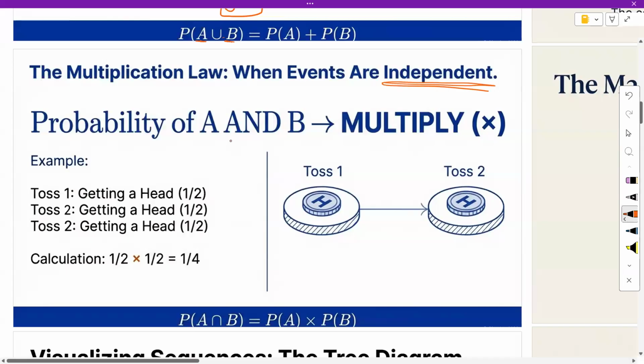In those instances, we use the term "and": the probability of A and B. So in those instances we can apply multiplication.